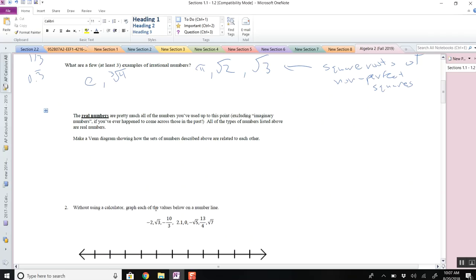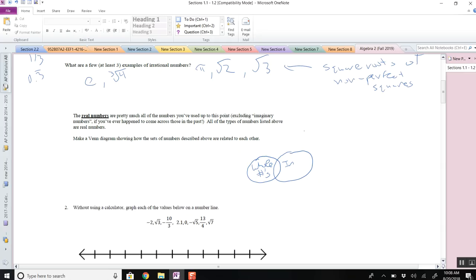Now, a real number is kind of at the top of the food chain. It's very inclusive. Basically, any number you could think of, excluding imaginary numbers, but we'll talk about imaginary numbers later in the year. If I consider a Venn diagram, say I have whole numbers right here. Integers include whole numbers, but more.